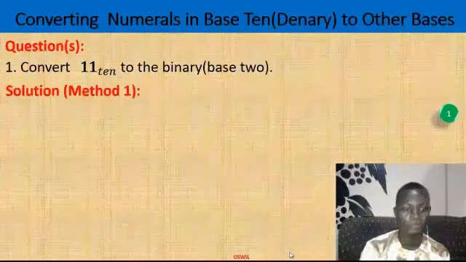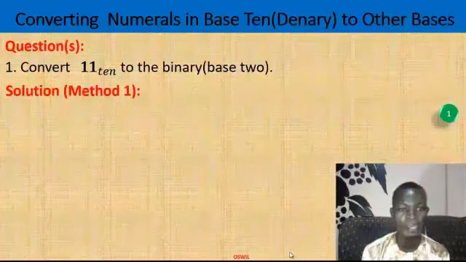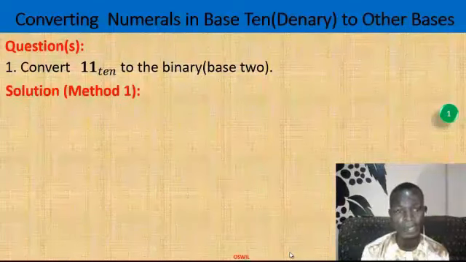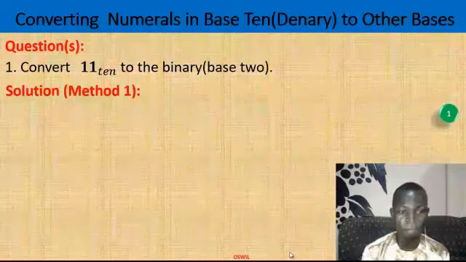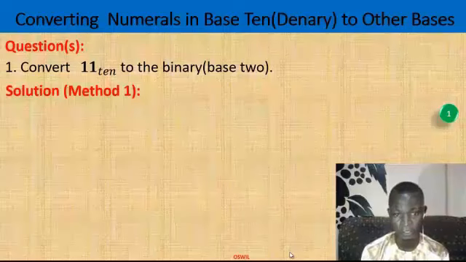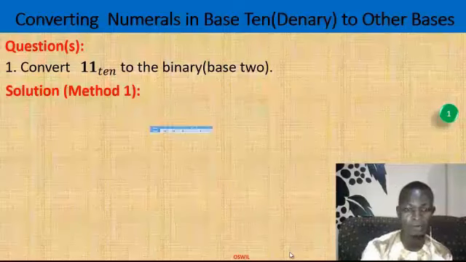In this question, we write the place values of the base required, and here the base required is base 2. So we write the place values of base 2, which are powers of 2.